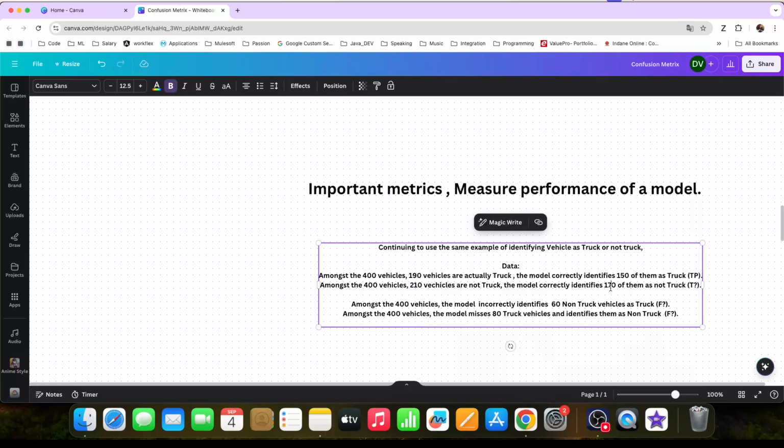So my model could not identify the rest; you just subtract 210 minus 170. Those images the model falsely identified. That's what we call true negative.